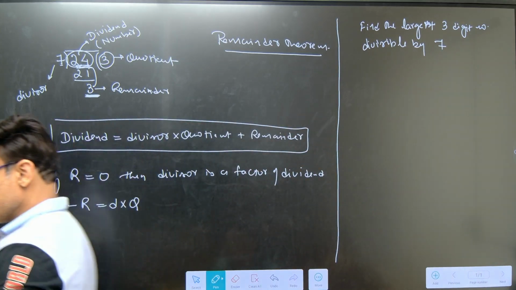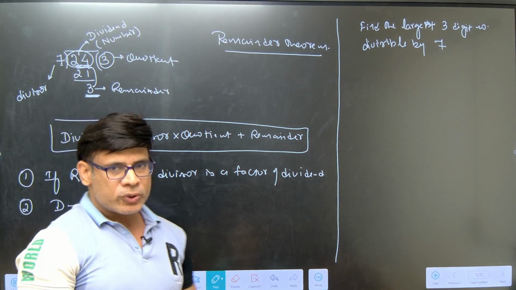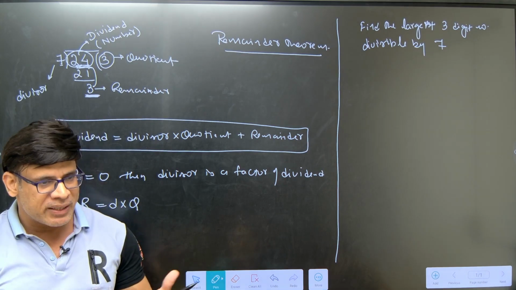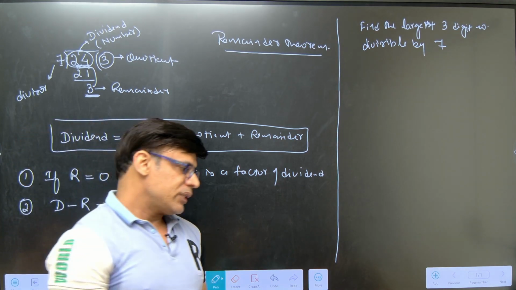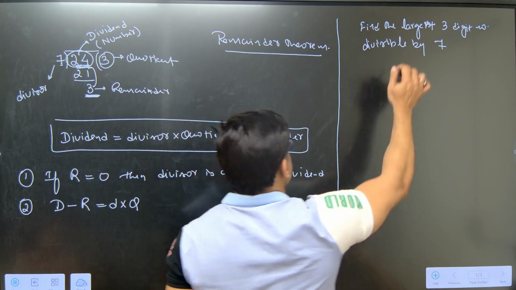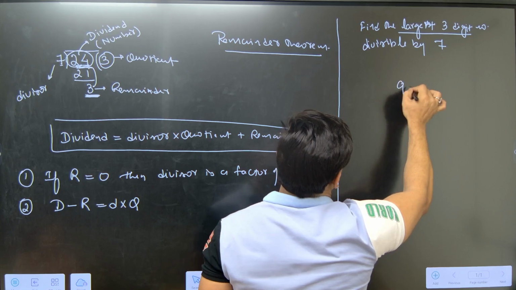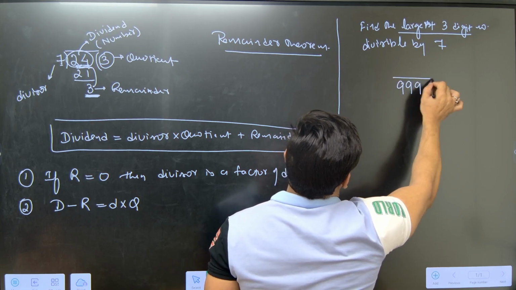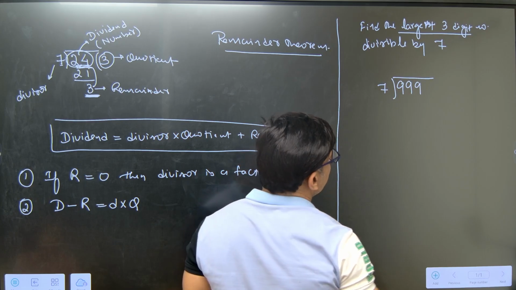You have to find the largest 3-digit number which is divisible by 7. You cannot pick a random number and then check whether it is divisible by 7 or not. You first have to take the largest 3-digit number. So take 999 and then divide it by 7.